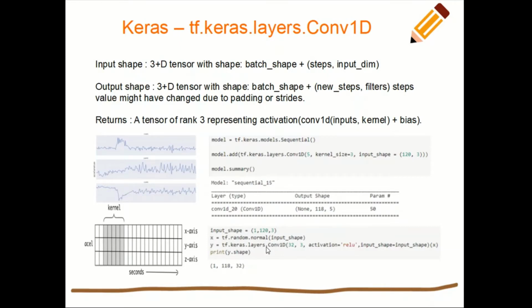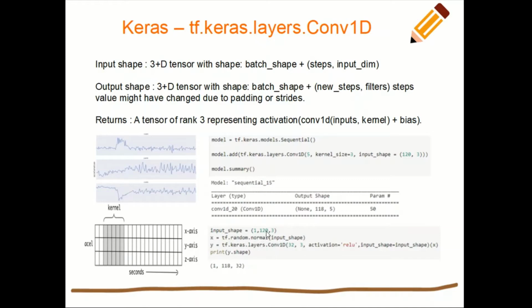Next, we create this convolutional 1D layer which has 32 filters, and 3 is the filter size. Then there is an activation, we declare the input shape, and we give this data as input. If we see the output, since we gave one batch, we get one batch.